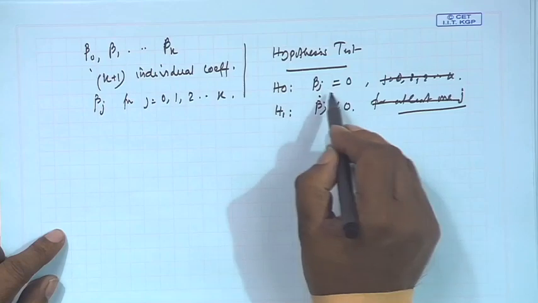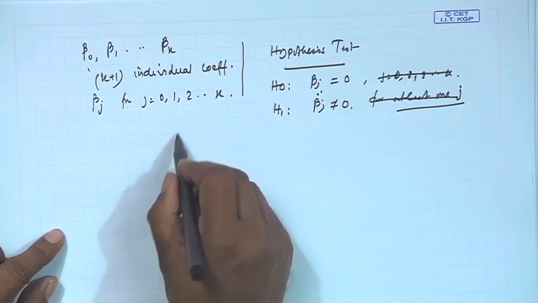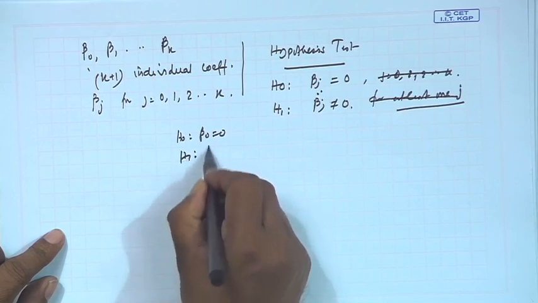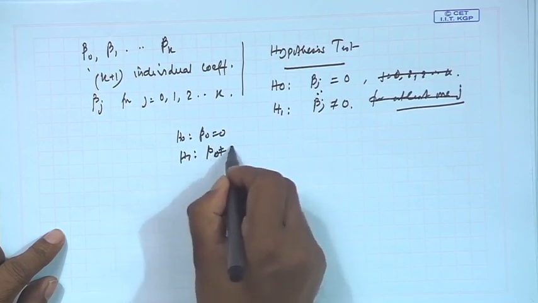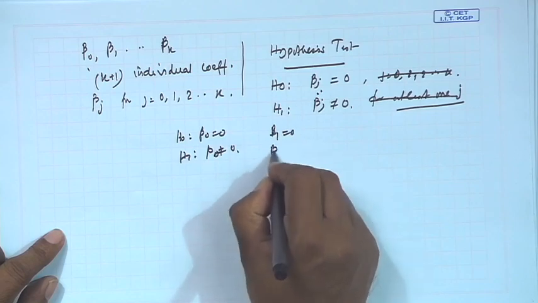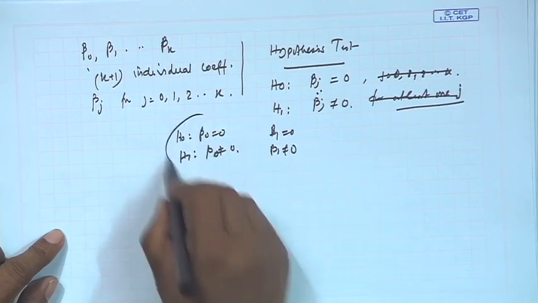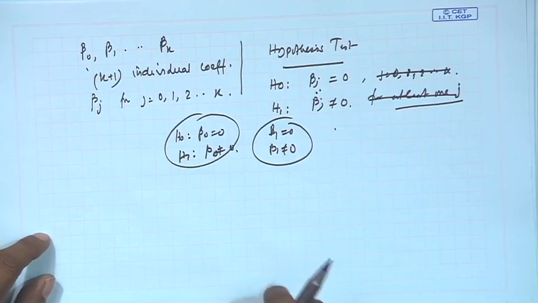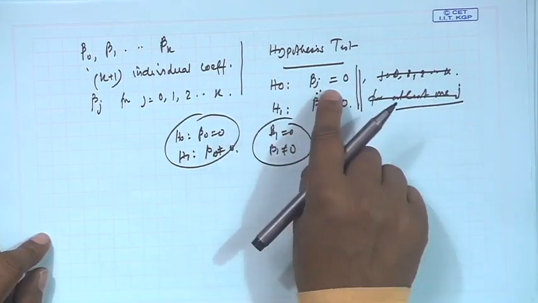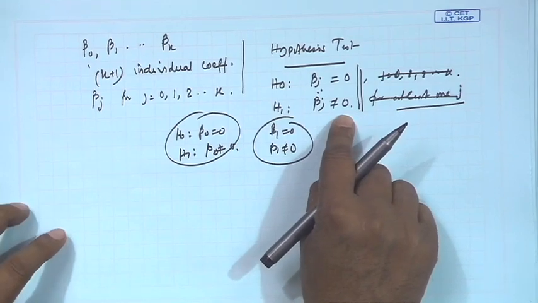Suppose we want to test beta 0, then H 0 is beta 0 equal to 0, H 1 is beta 0 not equal to 0. Similarly, beta 1 equal to 0, beta 1 not equal to 0, like this. So, individually we are testing here. In general, H 0: beta j equal to 0, H 1: beta j not equal to 0.